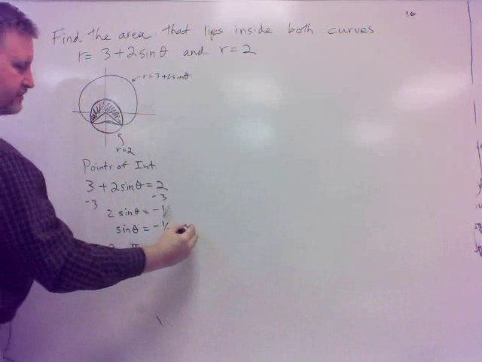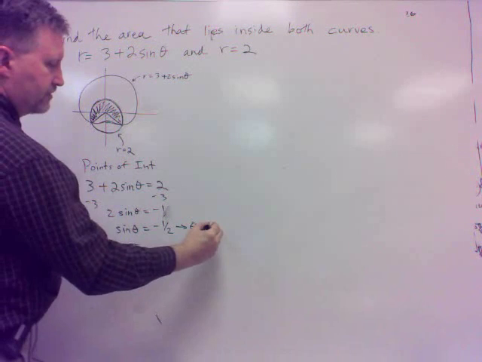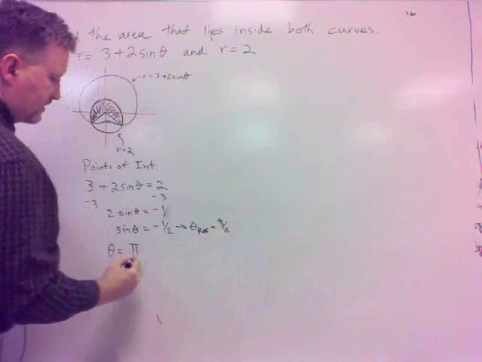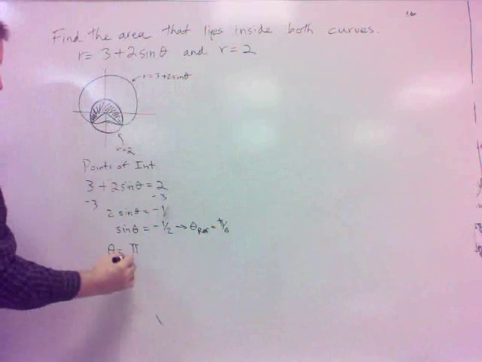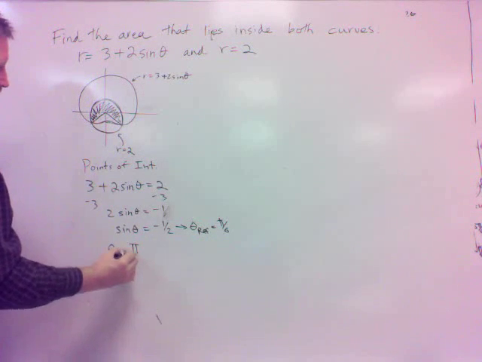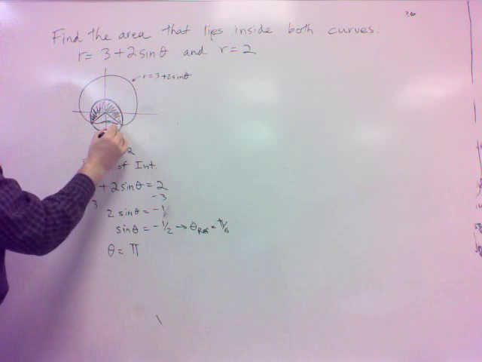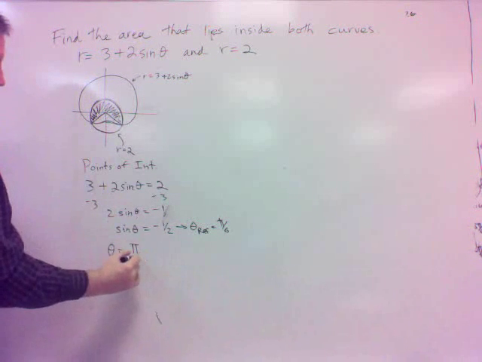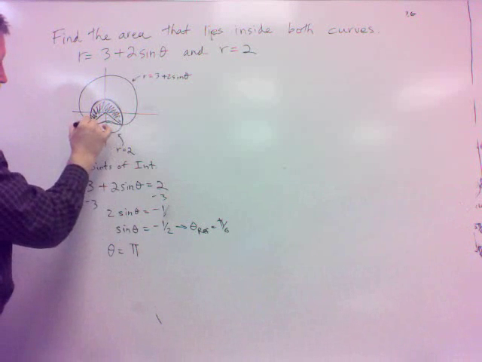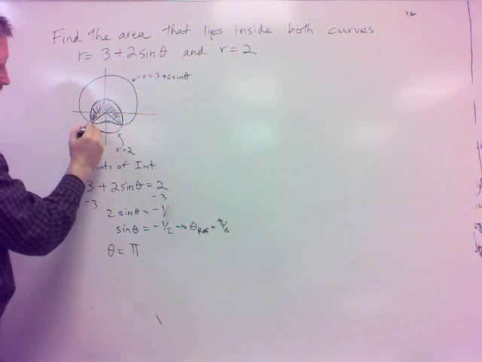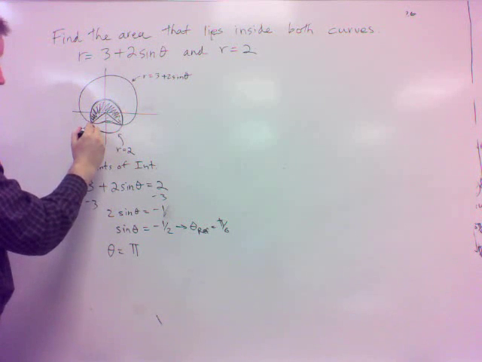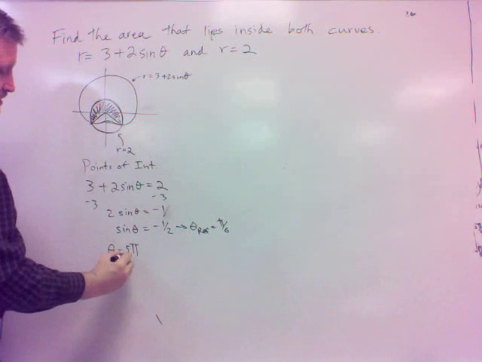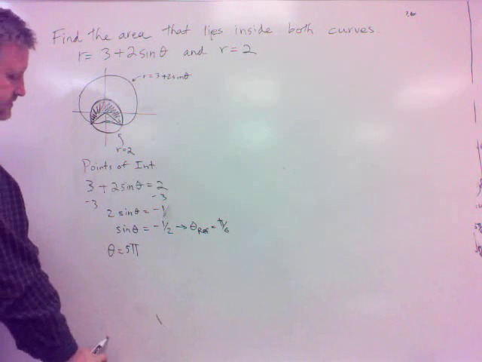So the reference angle here, pi over 6. And so the actual ones I want would be different various ones, but let's see. So this quadrant 3, if I'm talking about 0 to 2 pi, would be pi plus pi over 6, 7 pi over 6.